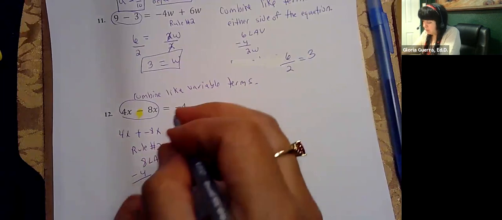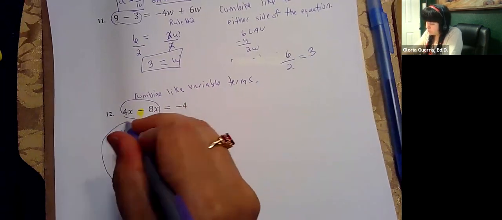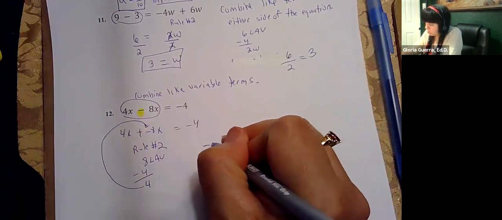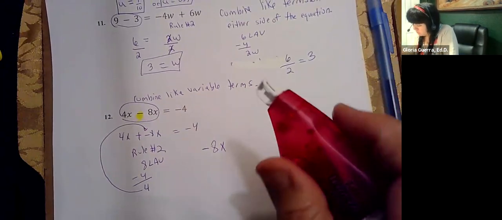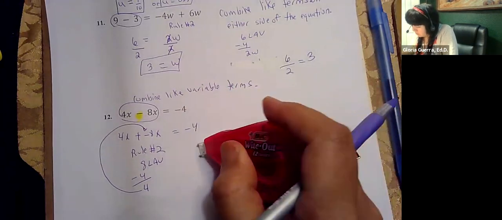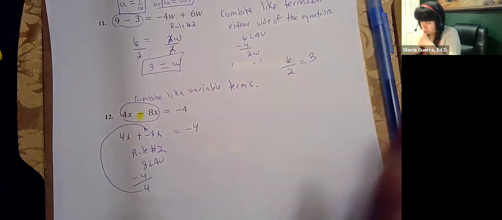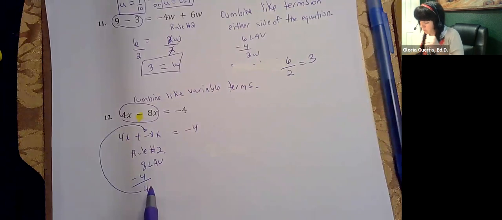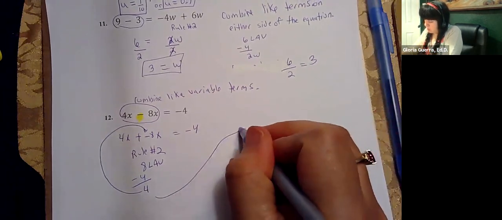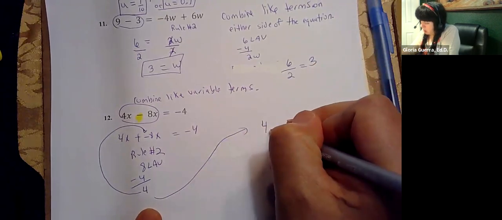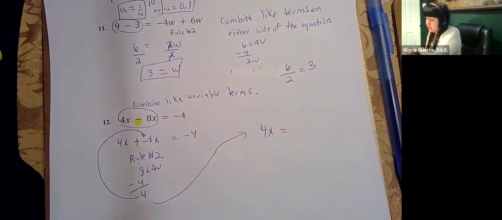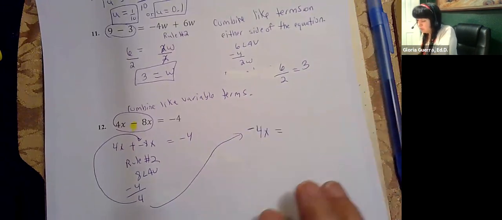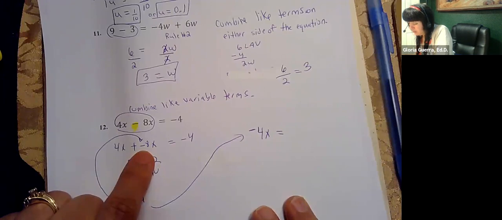It's bigger, so it's going to be negative. 4x plus negative 8x is going to be negative 4x, because you keep the sign of the number with the bigger distance. Negative 8 is bigger than that.